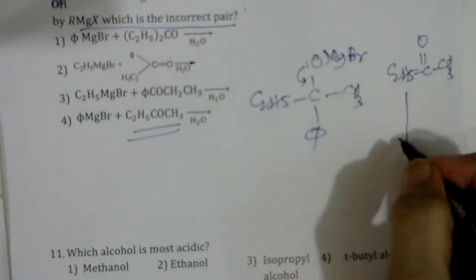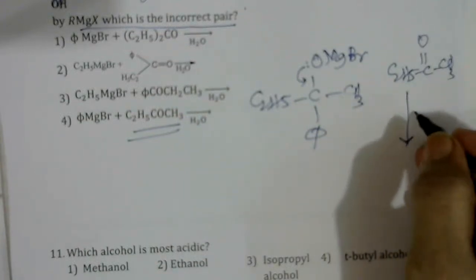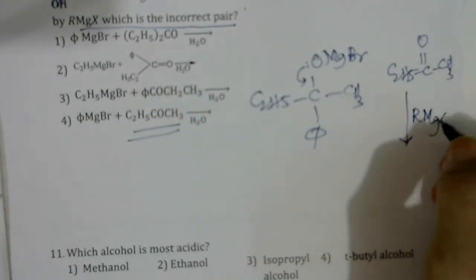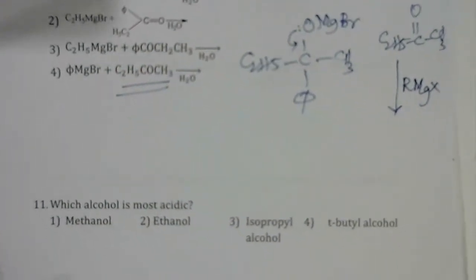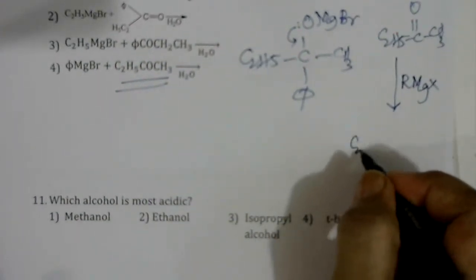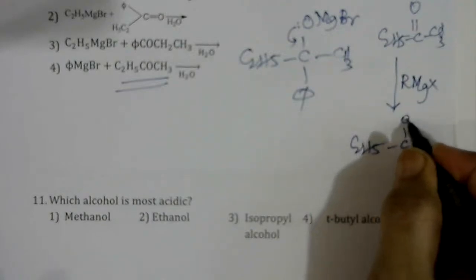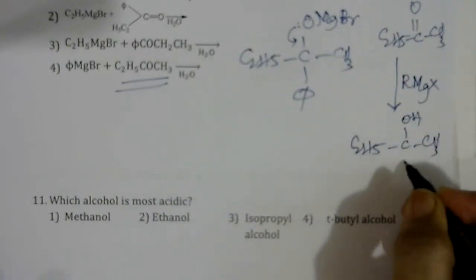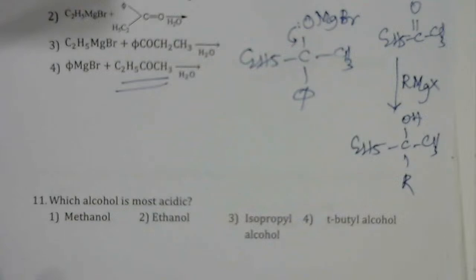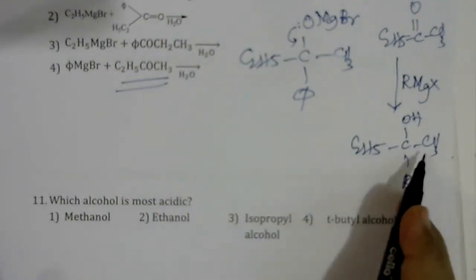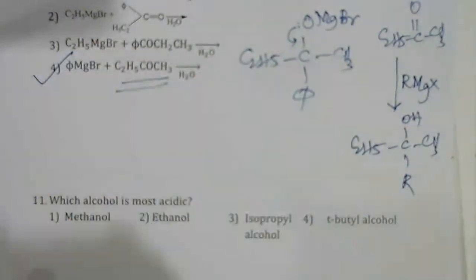And this, further treated with Grignard reagent RMgX, we are going to get C2H5 C OH, CH3 and R. But actually we are going to prepare both sides ethyl. That's why we cannot prepare it by the fourth option.